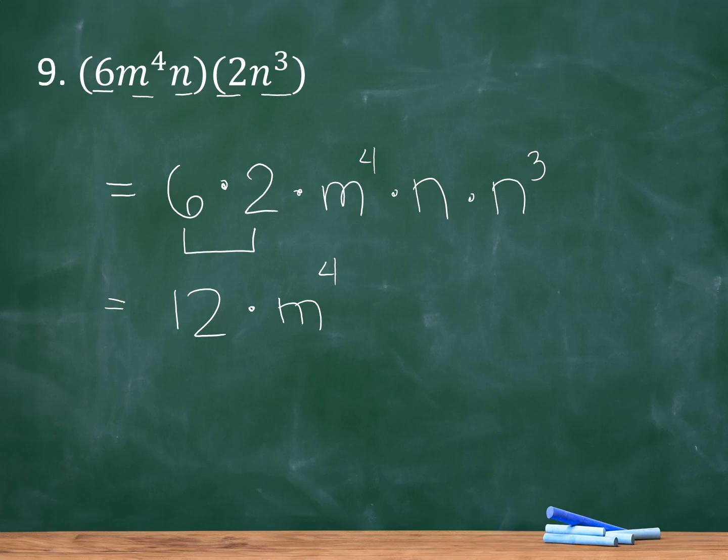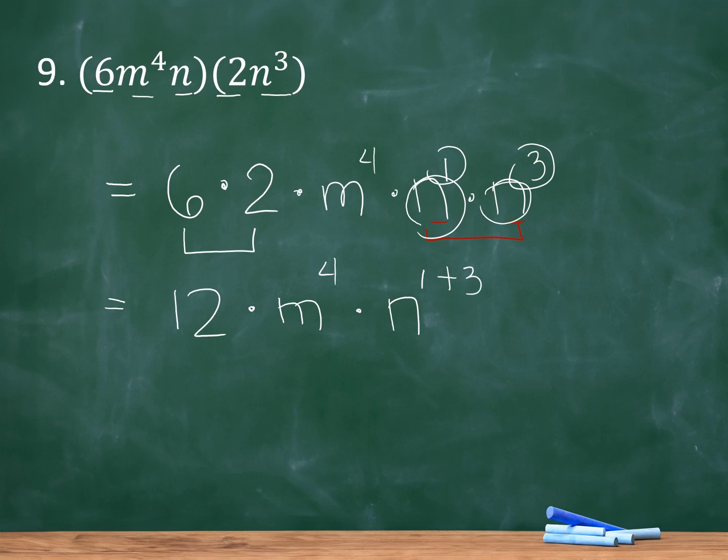Now this time we can apply the product of powers rule for n and n cubed because we have the same base. This time our common base is n. So we copy the common base n and then we add their exponents. We have an imaginary 1 here plus 3, so that's 1 plus 3.